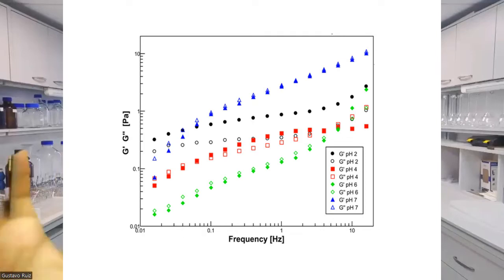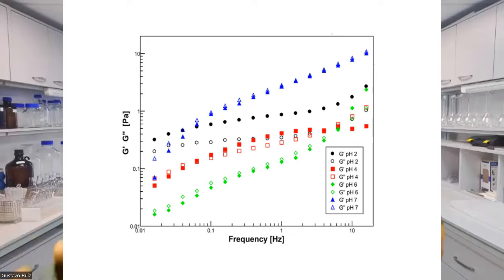So they pass from elastic gel, weak gel, to a polymeric solution. That is also important because at acidic pH, the idea is to protect the stomach from being auto-digested. And in the more neutral condition, the idea is to act as a lubricant to help the digestion procedure.